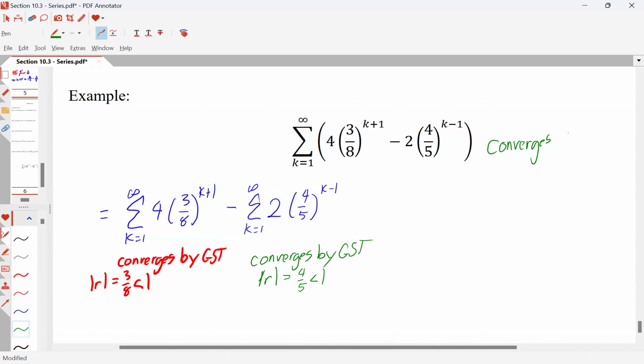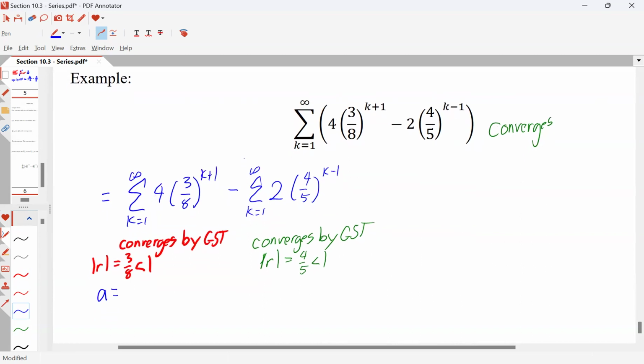Now, because they're both geometric series, we can figure out what this converges to. And so finding a, when we find a here, we can plug in 1 to get 4 times (3/8)^2, which is 4 times 9/64, or 9/16.